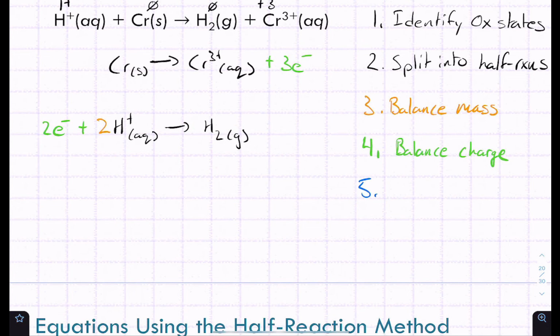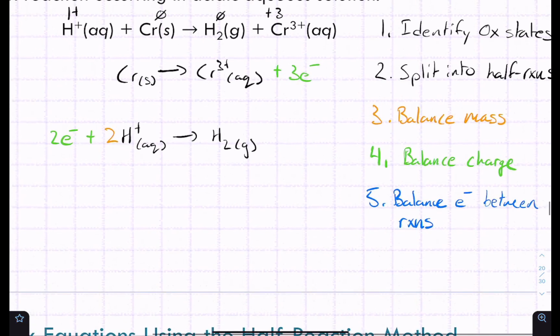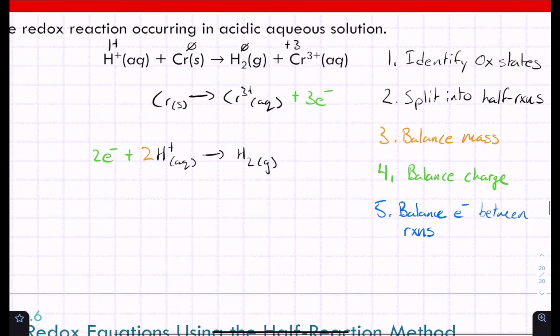So balance electrons between reactions. This is another case of the least common multiple.